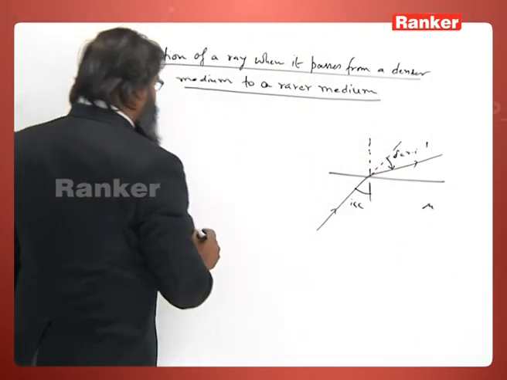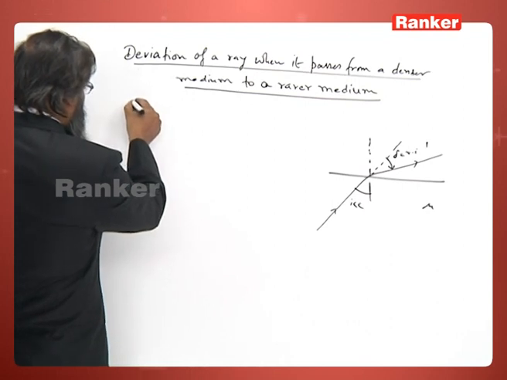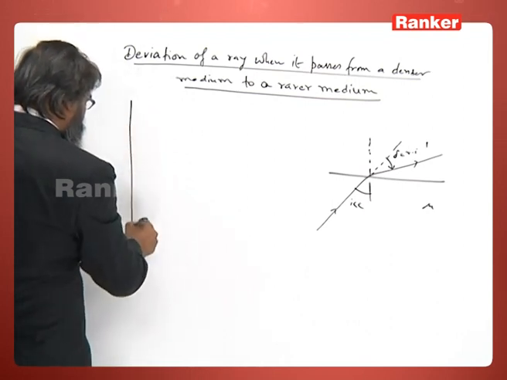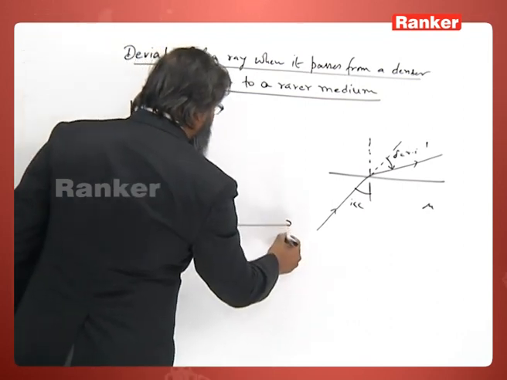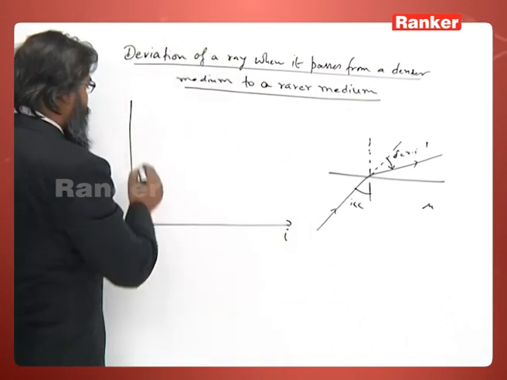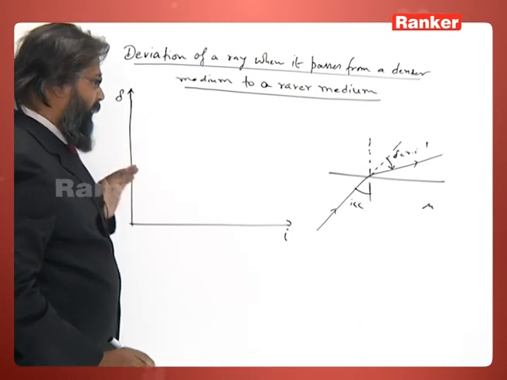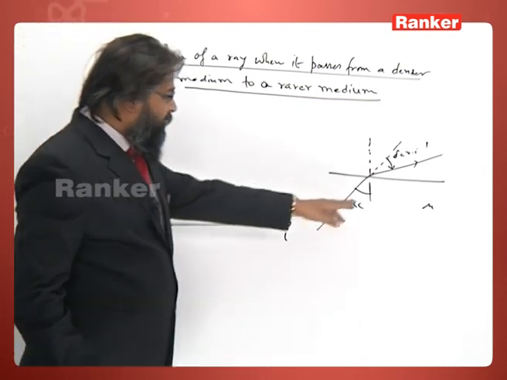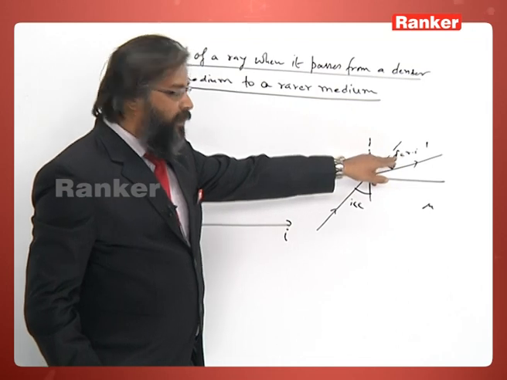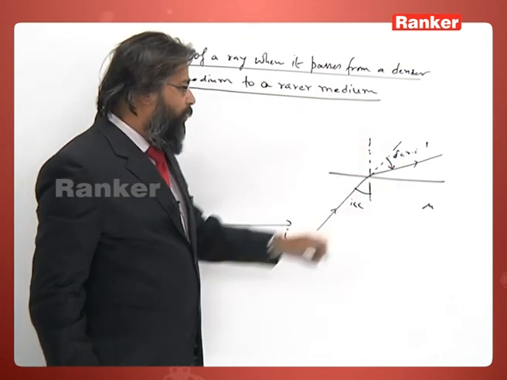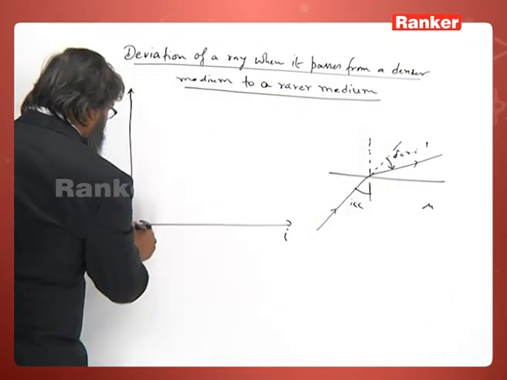So here we have the plot. We will plot I, the angle of incidence, along the x axis and deviation along the y axis. As the angle of incidence is increased, the deviation will increase like this.